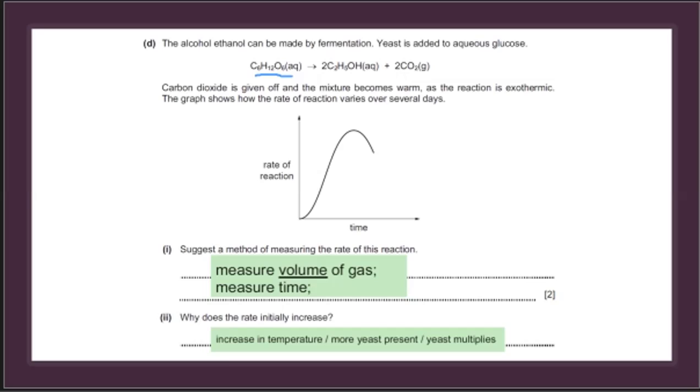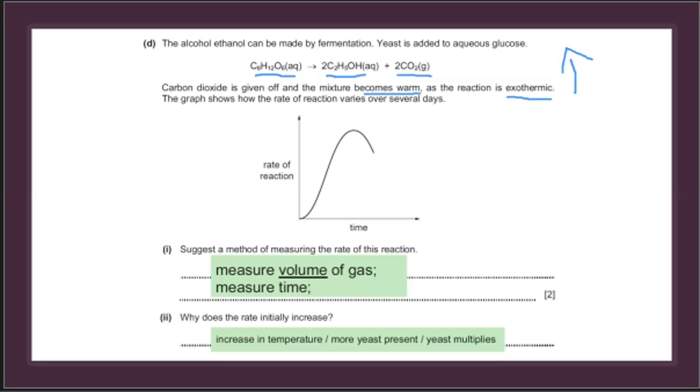C6H12O6, right, gives us 2C2H5OH, which is ethanol, plus carbon dioxide gas. So carbon dioxide gas is given off, and the mixture becomes warm as the reaction is exothermic. So it means to say that more energy is given off than is absorbed.